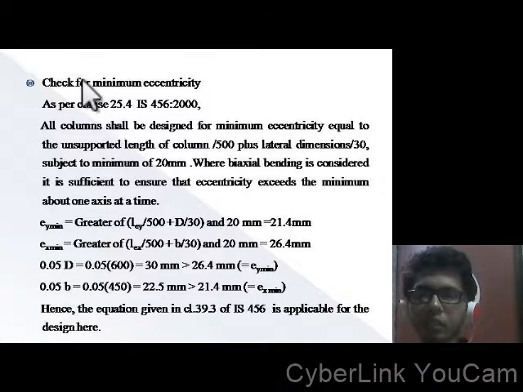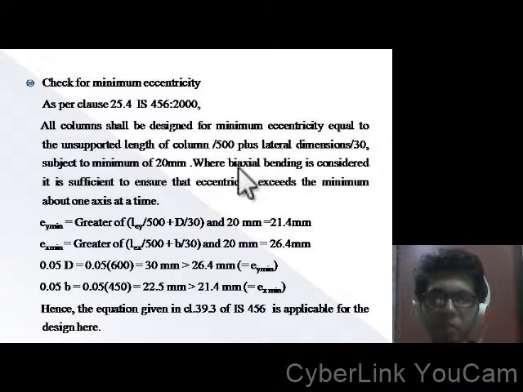Then we will check for the minimum eccentricity that is happening in the column. As per clause 25.4, all columns shall be designed for a minimum eccentricity equal to unsupported length of the column by 500 plus lateral dimension by 30, subject to a minimum of 20 mm.